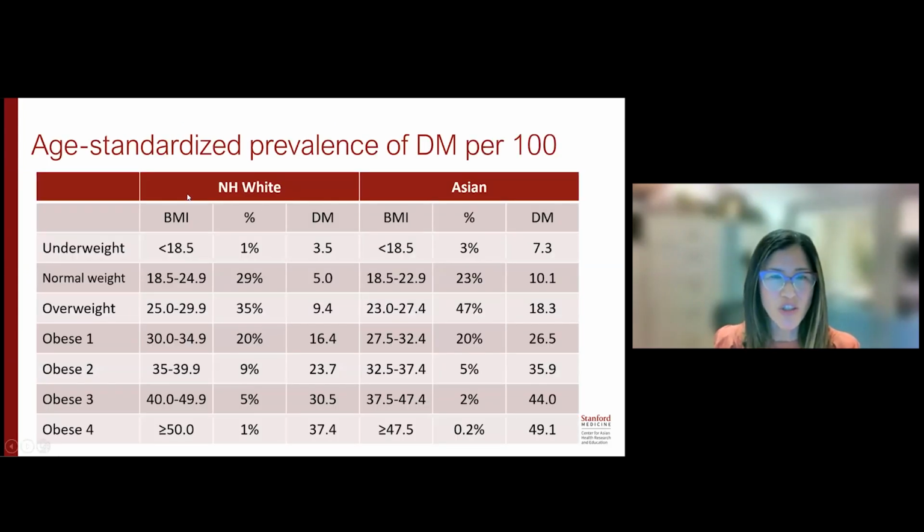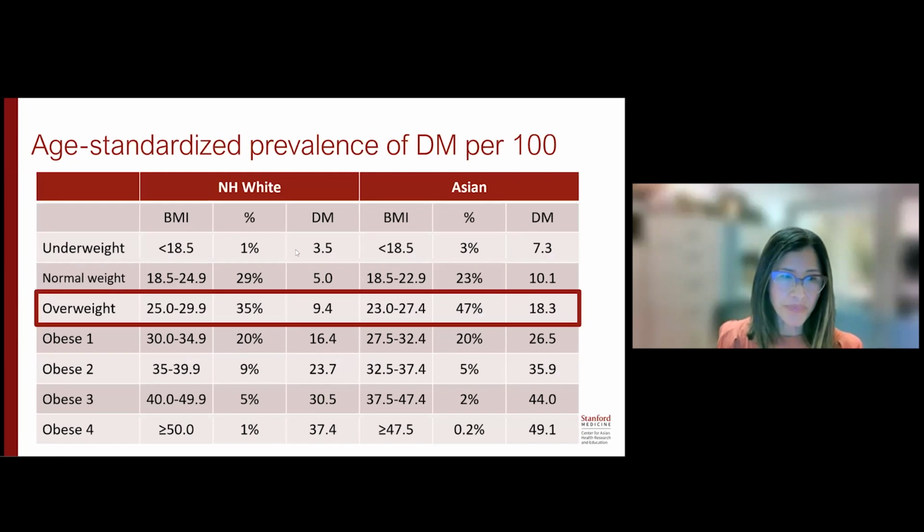Let's take a closer look at non-Hispanic white populations compared to Asian populations. So when we look at this overweight category, in non-Hispanic white population, again, it's defined as BMI 25 to 29.9. In Asian Americans, the cut point was lowered to 23, as I mentioned.